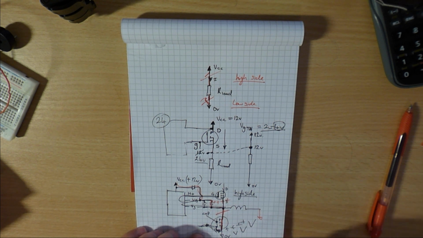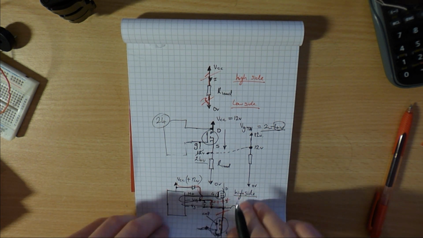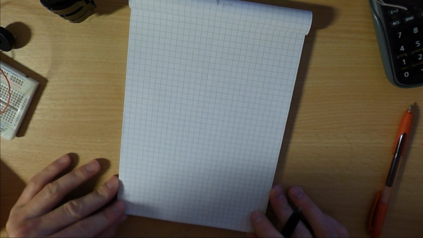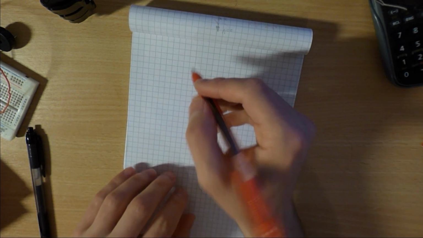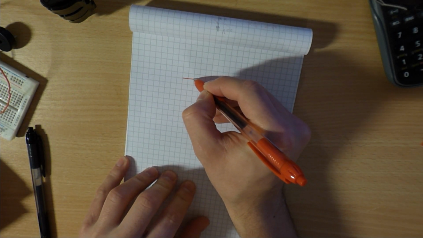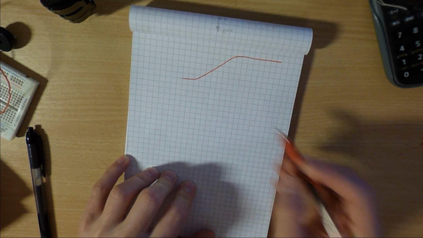If you turn it on very, very slowly, so you can either turn, let's go to a new page. You can either turn your MOSFET on very slowly, like this, and you'll get a very smooth transition.